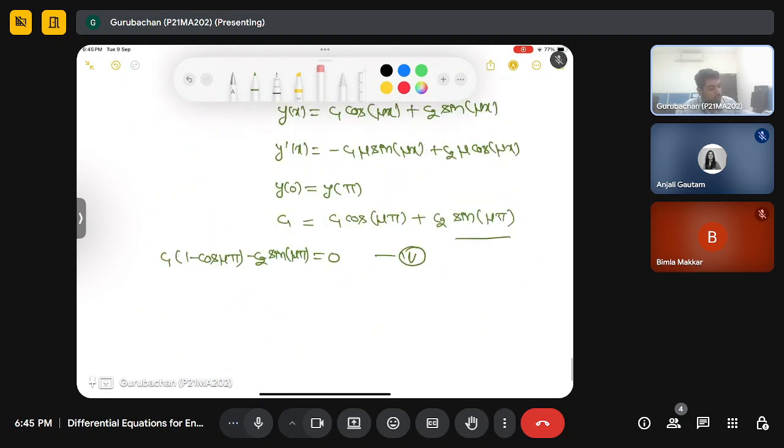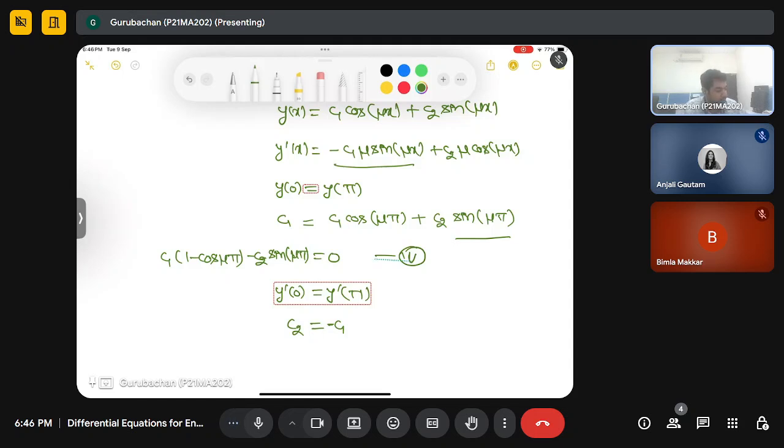Next is y dash 0 equal to y dash pi. So y dash 0 will be, here this factor will be 0. You are left with c2 equal to c1 with negative sign. Since here is a mu and mu is greater than 0, obviously we can take it common and cut it, so I'm skipping that step.